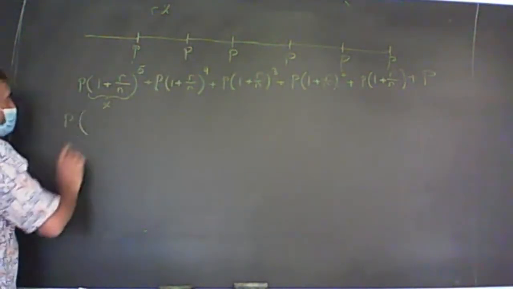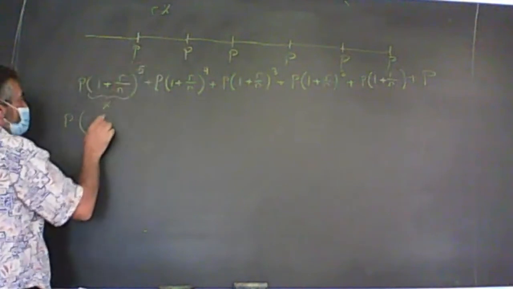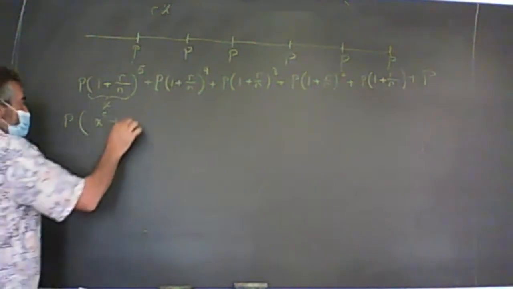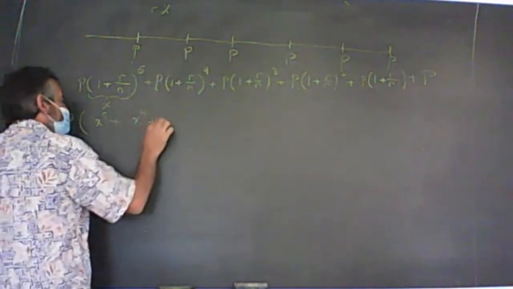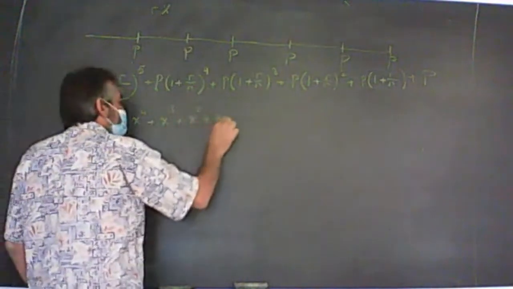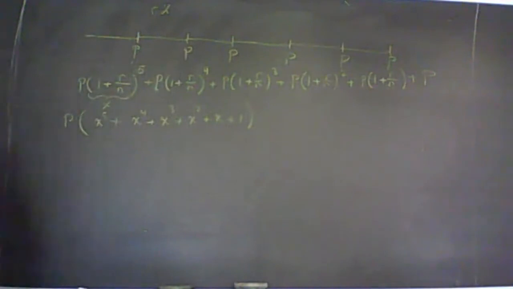So P times. Well, here we're left with X to the power 5 plus X to the power 4 plus X cubed, X squared. Yeah? That's too many numbers to put down.